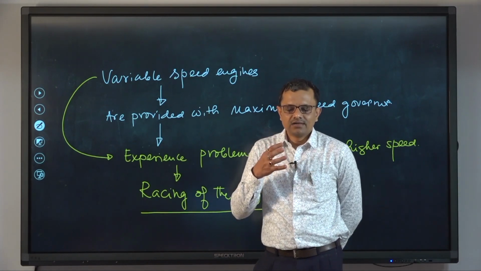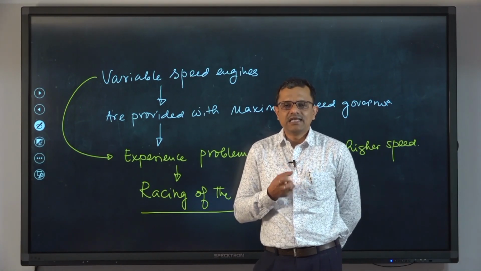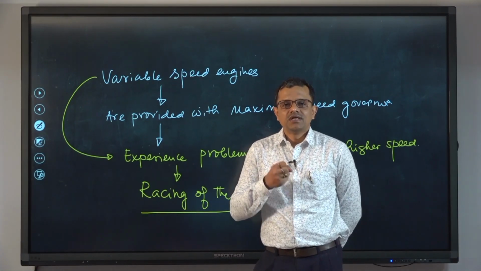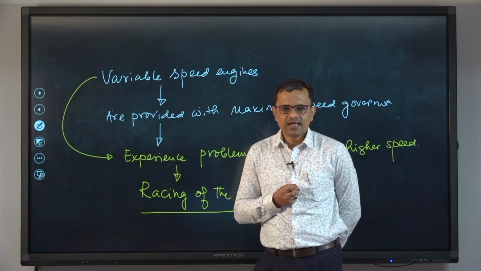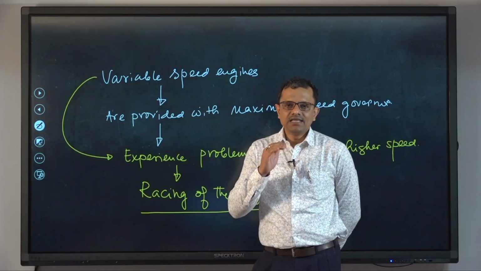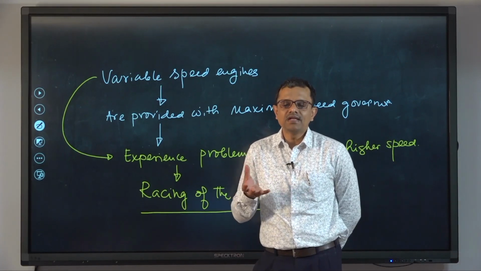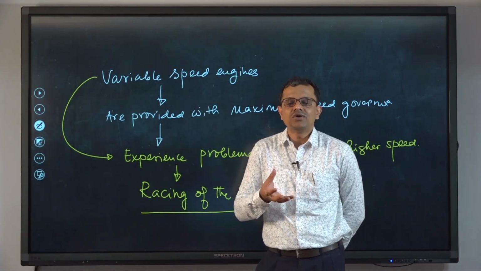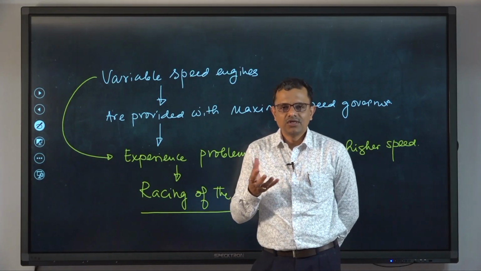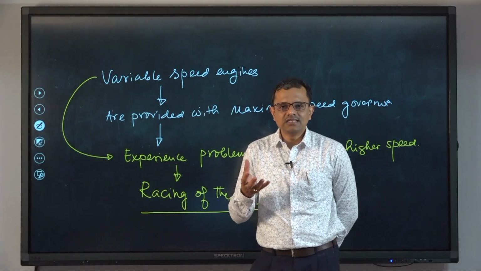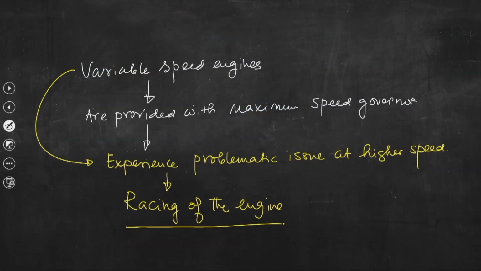Now, from the constructional point of view, certainly diesel engines are very heavy and bulky, and the rotating parts of diesel engines are also very heavy. So, if the engine is allowed to run at a very high speed, that may happen if there is a sudden drop in load on the engine, right. So, for example, if it is an SI engine, with full throttle there will be a sudden drop in load on the engine, and for the CI engines, let me go to the next slide.